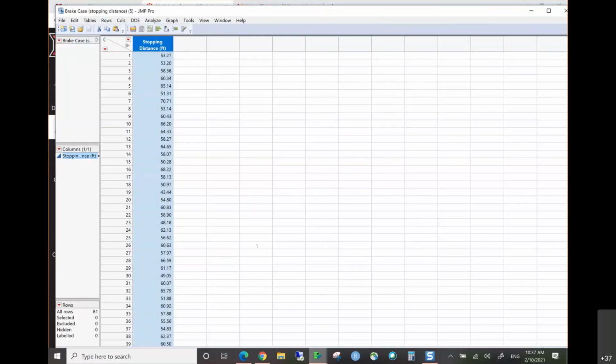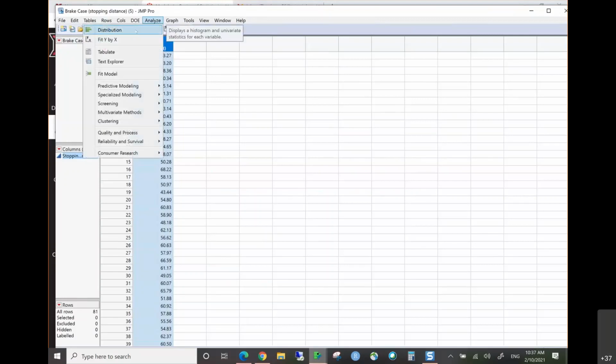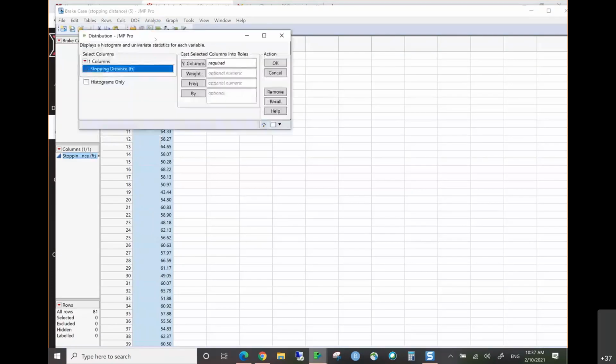All right, so now I want to do a hypothesis test about the mean of the stopping distance. Before I do the hypothesis test, I want to have some information or summary statistics about this stopping distance. So let's go to Analyze, Distribution.